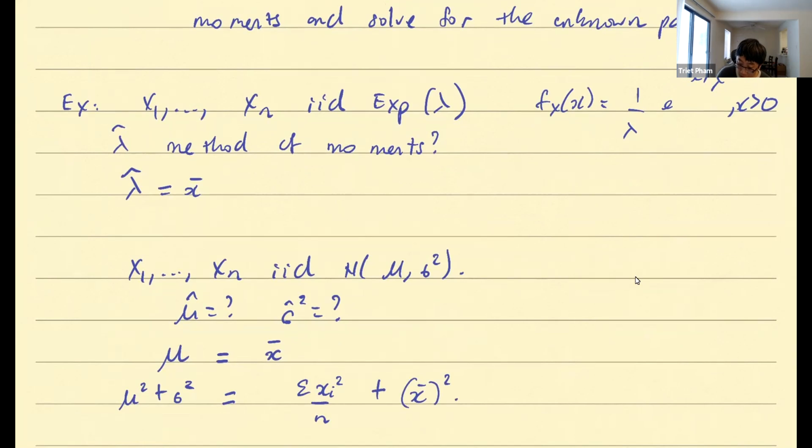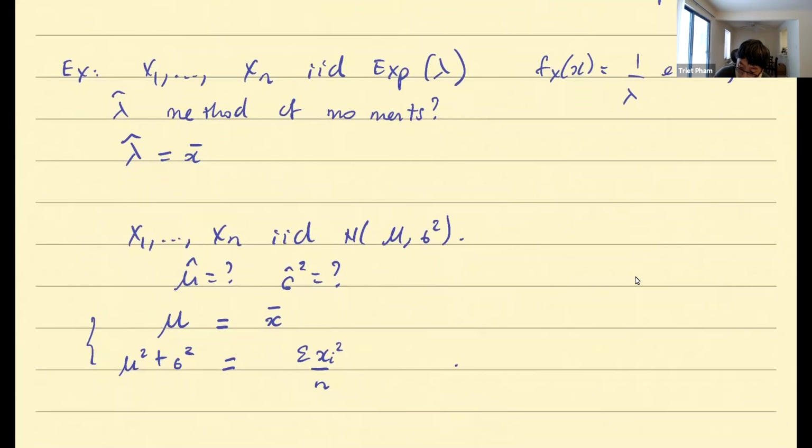So here you see a system of two equations, but the system is very easy. Wait, hold on, sorry. This is the second moment, sorry. But it's so easy, because I already tell you that mu hat is x bar.